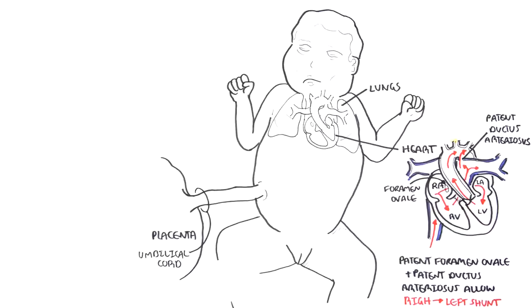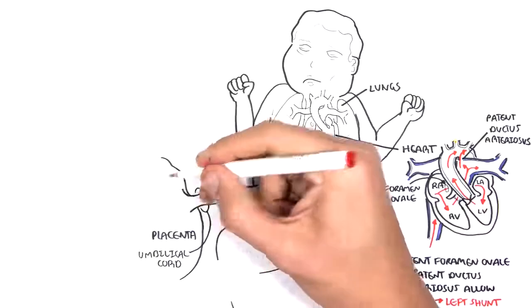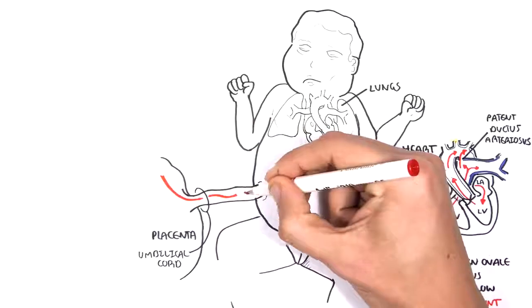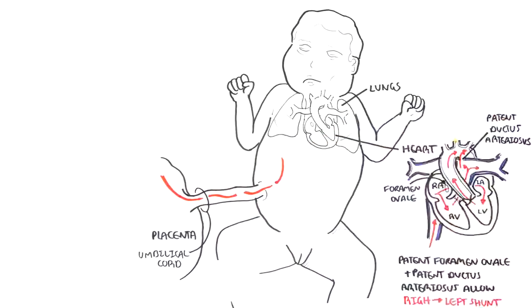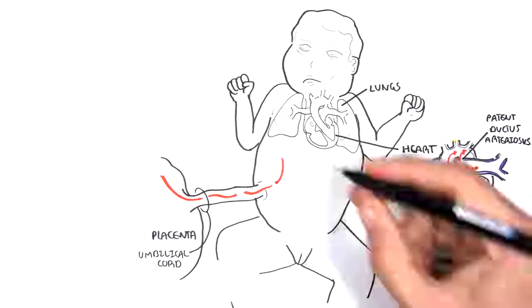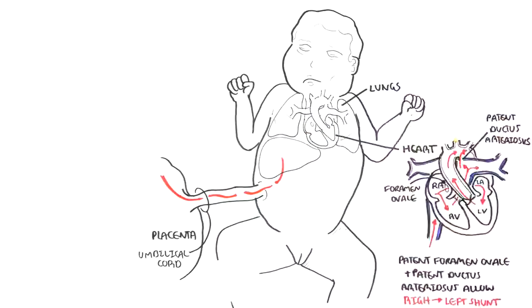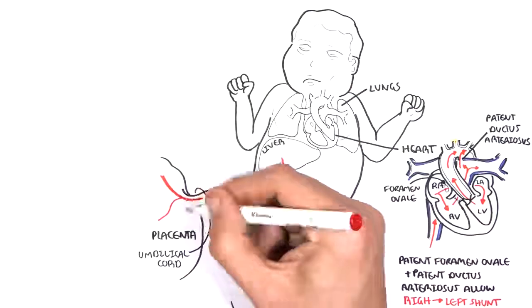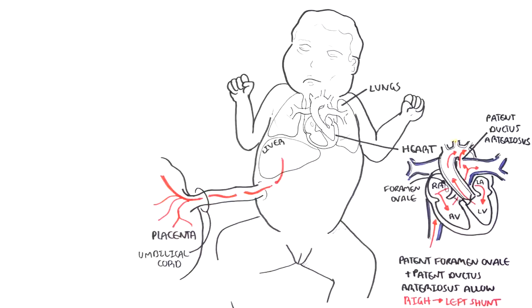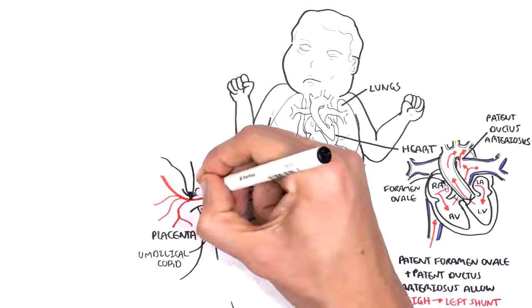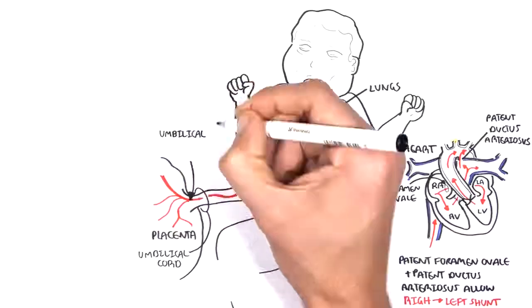The umbilical cord is not just a cord, it actually contains veins and arteries. The umbilical vein, here drawn in red, travels from the placenta to the fetal liver. There is one umbilical vein, and it is drawn here in red because it is oxygenated. It contains oxygenated blood which was delivered from the mom.